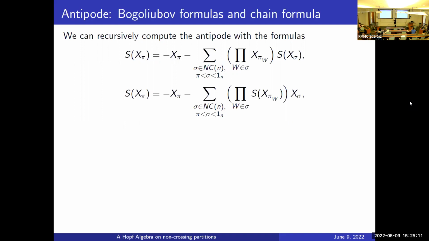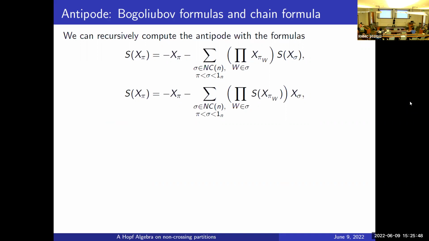For any antipode in any Hopf algebra, you can always have these Bogoliubov formulas, which are a recursive way of computing the antipode. The antipode has to satisfy this thing: when you take the coproduct, then the antipode on one side and the identity on the other side, and then multiply, you have to get the unit in the algebra.